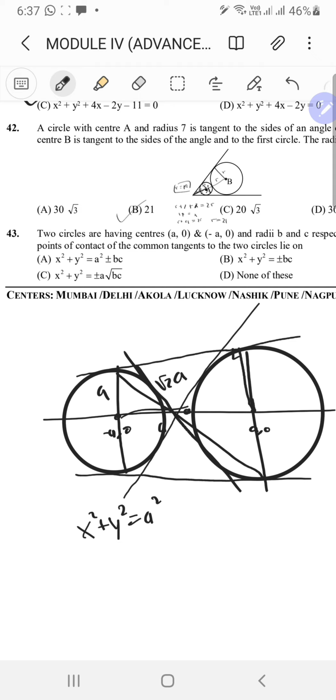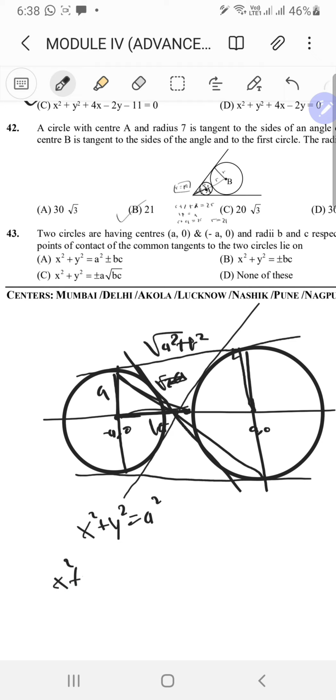If A equals B equals C, it can be anything. Even if just B equals C, then this is B and this is A, so this is square root of a squared plus b squared. That's the radius.